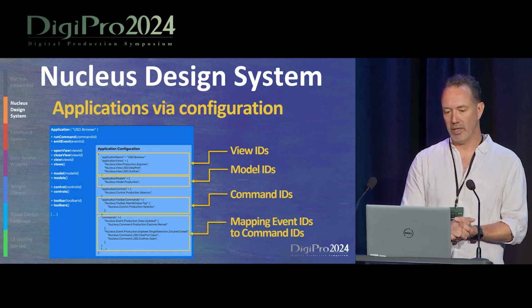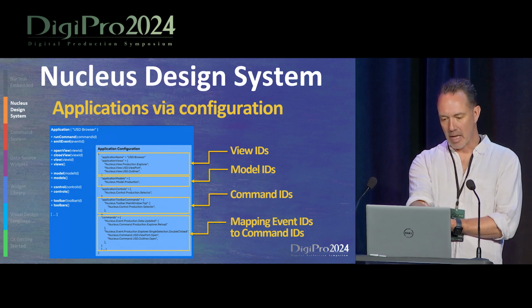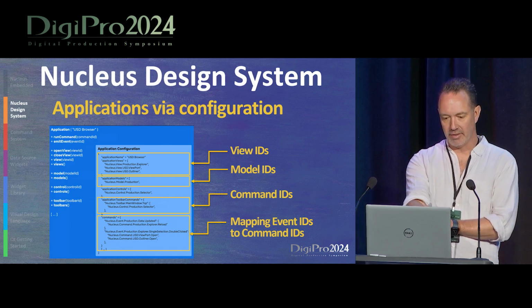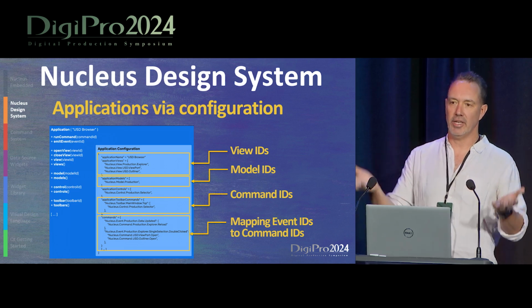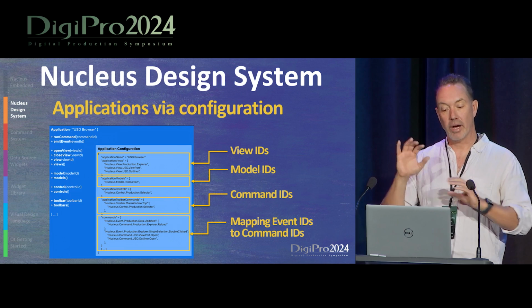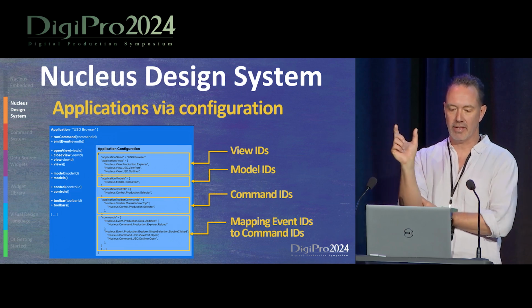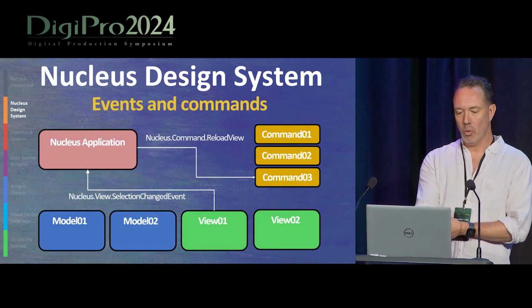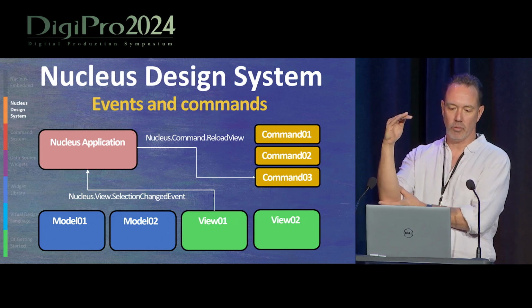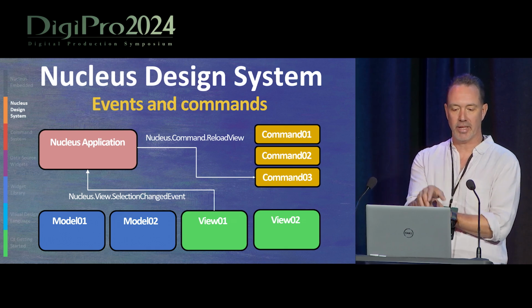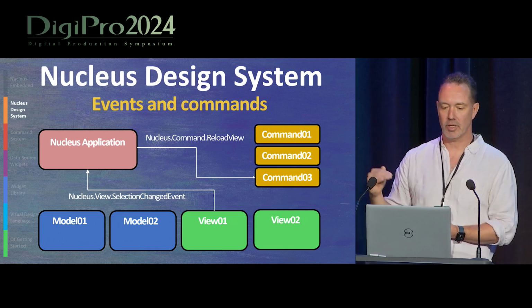So another key point of these application configurations is that mapping event IDs to command IDs you see down there. And the key idea here is that you can promote an internal Qt signal slot or other sorts of event into a first-class event ID, and then what can happen is that the Nucleus application can consult that lookup map and determine if there's any commands associated with that event ID and then execute those commands in turn.